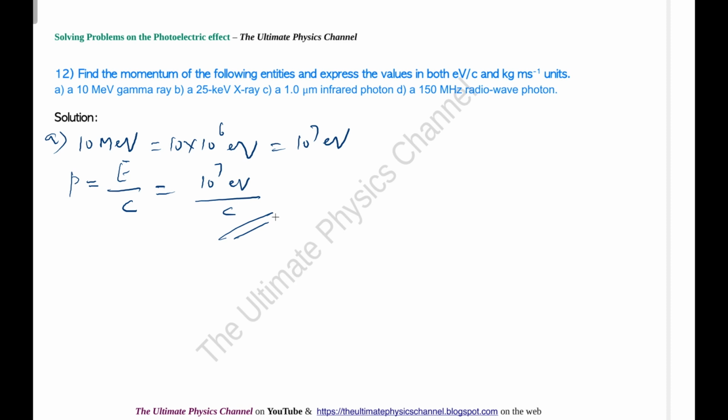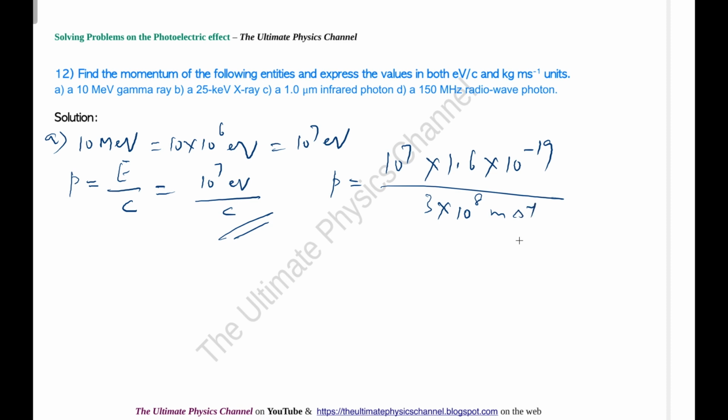Now we have to also get this in kilogram meter per second units, right? For that we have to do conversion. So the 10 power 7 eV we have to convert into joule units. So we have 10 power 7 eV times 1.6 times 10 power minus 19. That becomes joule units. That over c. c of course we have to now convert into meters per second. So we write 3 into 10 power 8 meters per second. If we do this, we get momentum.